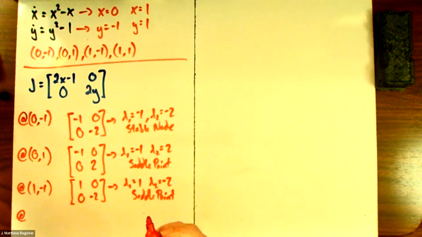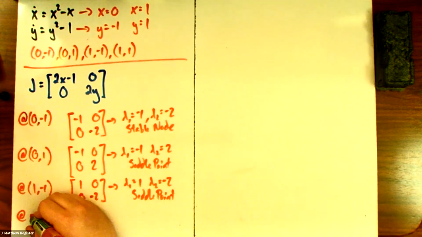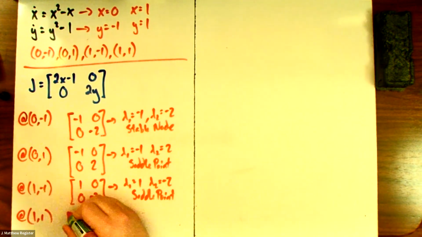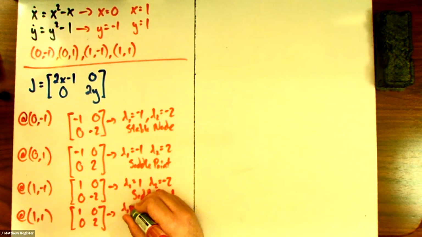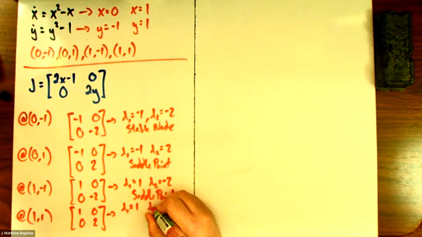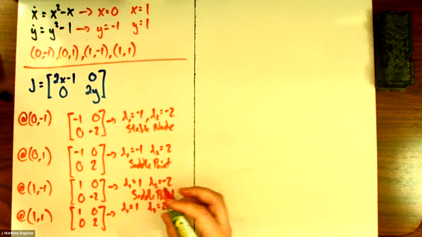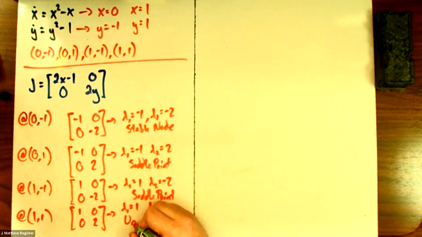We'll see if we can squeeze our last one in here at the point 1, 1. Our matrix is going to be given by 1 and a +2. So our eigenvalues are going to be equal to 1 and 2, which tells us that this is an unstable node.